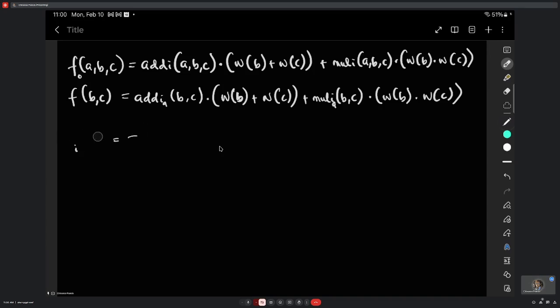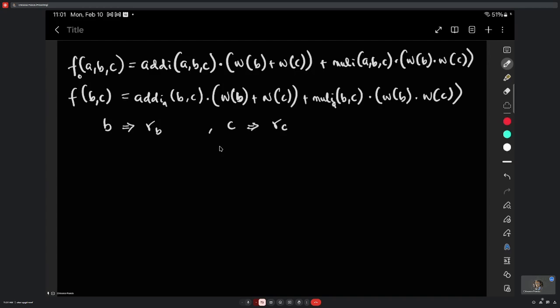So at the end of the sum check protocol, the verifier sends randomness. For b, the verifier sends randomness for b, we're going to call it RB. And for c, the verifier sends randomness for c, let's call it RC. Does it make sense? Okay.